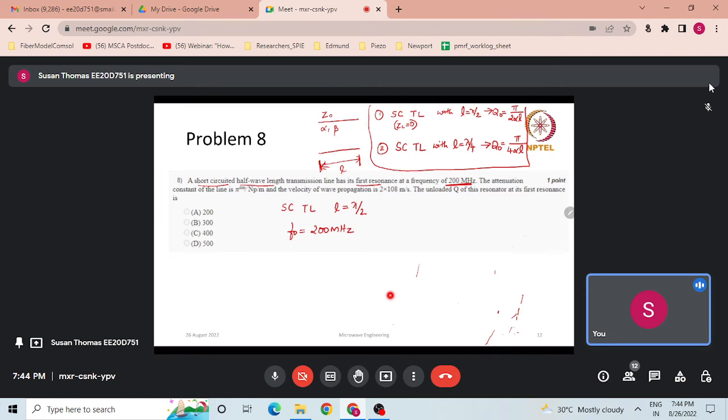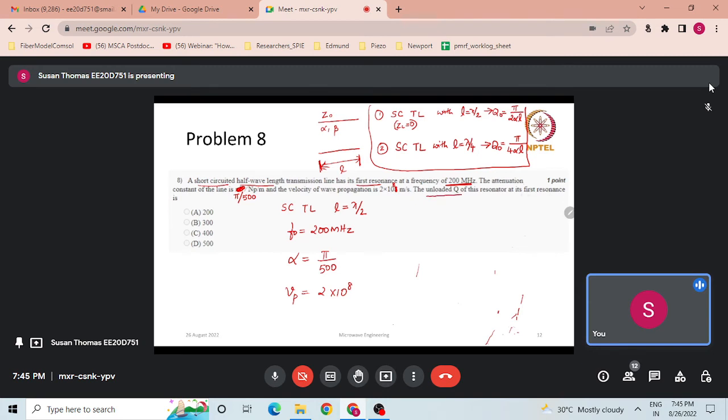The attenuation constant of the line is pi by 500 Napier per meter, so alpha is pi by 500 Napier per meter, and the velocity of wave propagation Vp is 2 into 10 power 8 meter per second. Now what is asked?